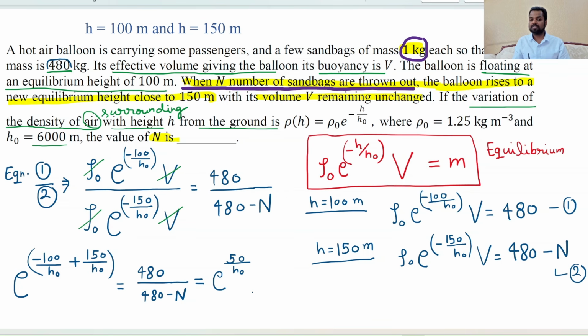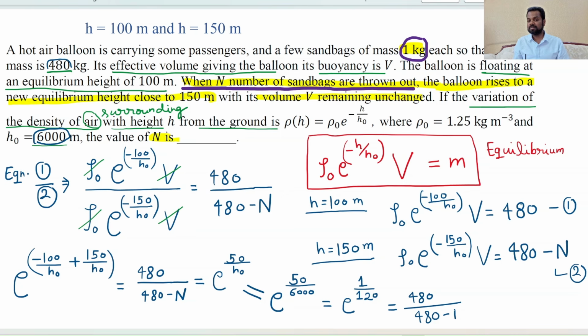H naught is 6000 meter, so this will be equal to e to power 50 by 6000, which is e to power 1 by 120, and that is equal to 480 by 480 minus n.